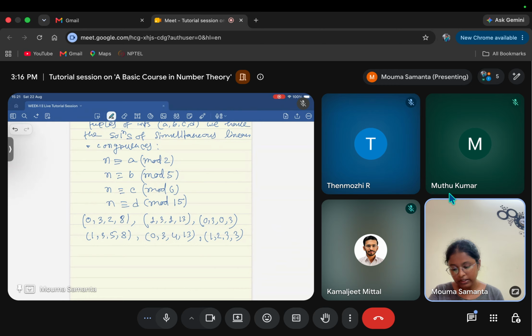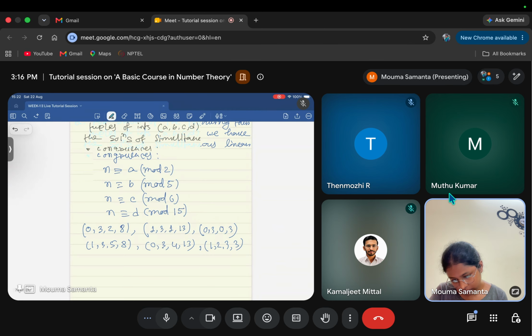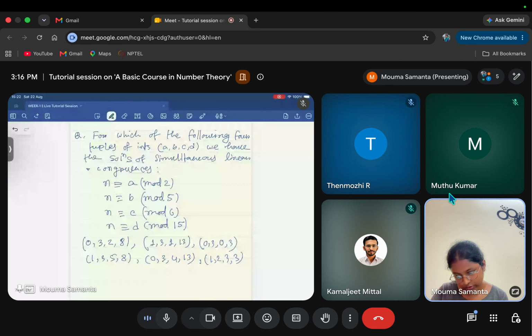For this one, n is congruent to 0 mod 2, n is congruent, sorry, let me think for some time.